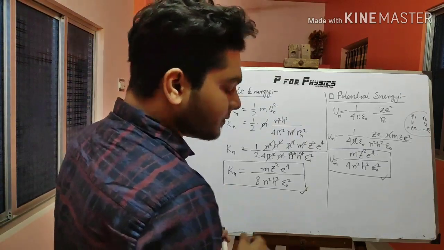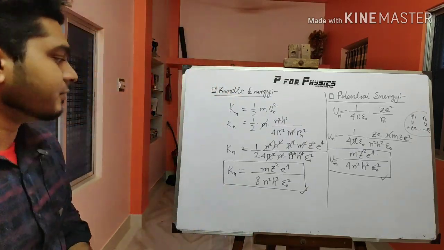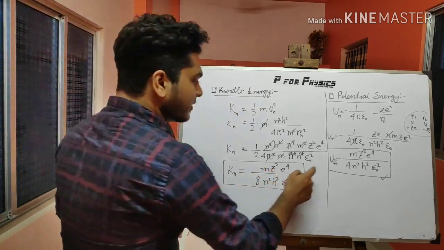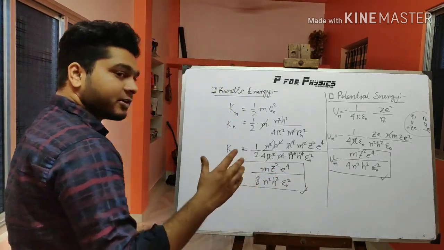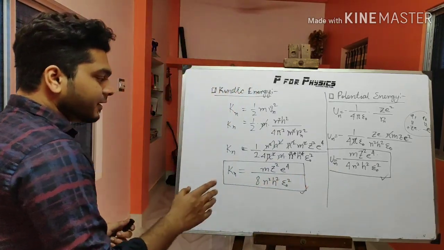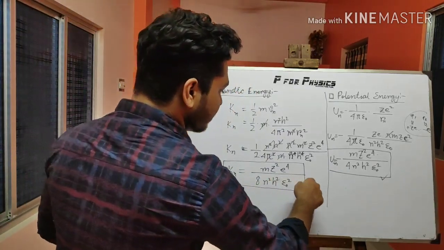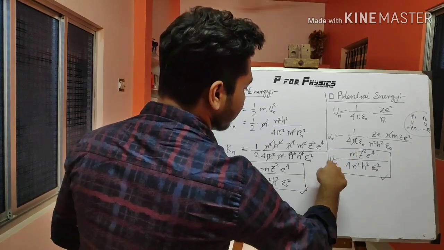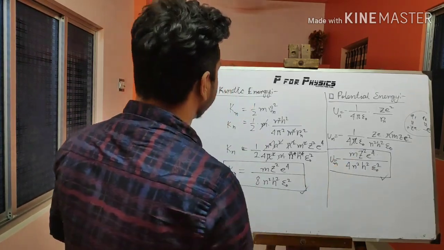Now look at one thing carefully. This thing and this thing are pretty similar, except that there is 8 and there is 4. So if I simply multiply this kinetic energy by 2, and also there is a negative, we will get potential energy.